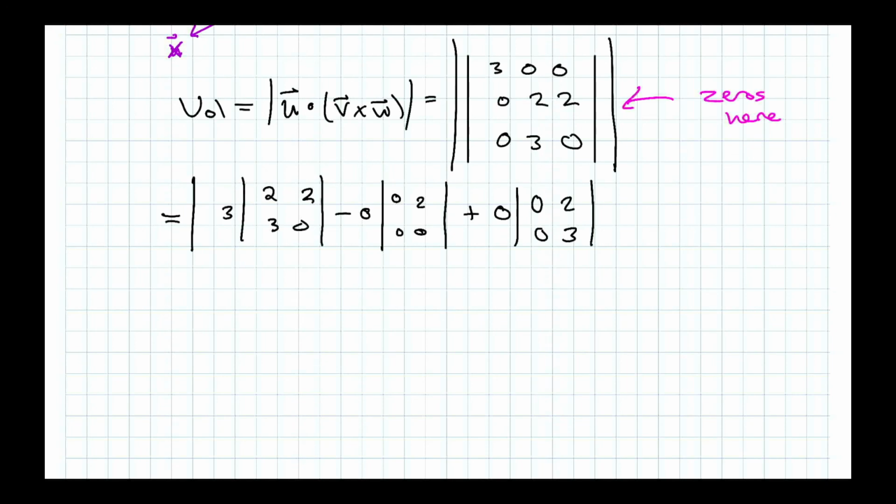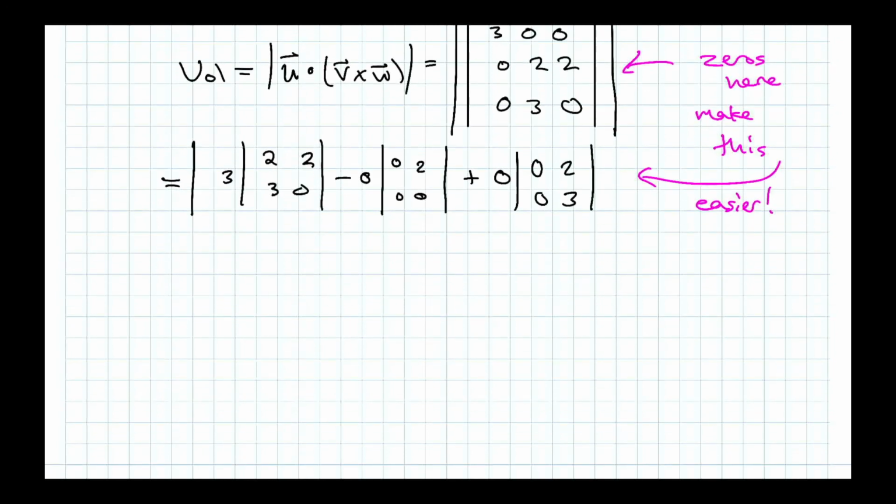Zeros here make this easier, because this is gone, and so we really only have one of these to deal with. And so it's simply going to be the absolute value of 3.